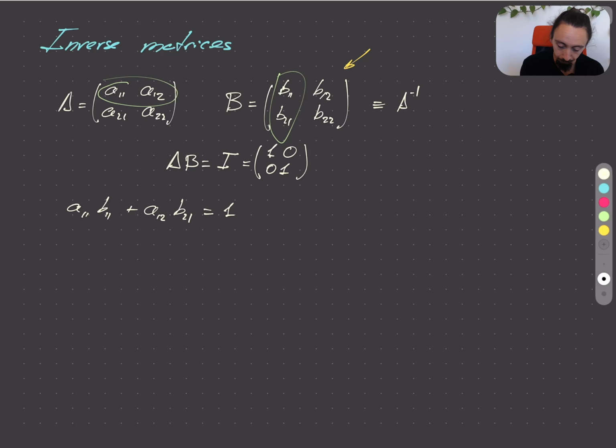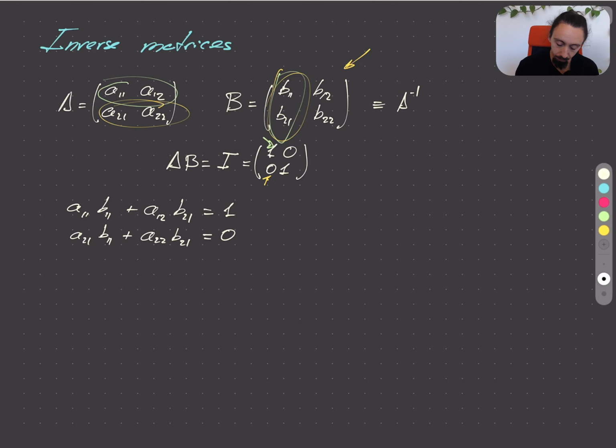Now the same with the second row, with the first column still, we obtain A21 B11 plus A22 B21, and in this case equals 0.